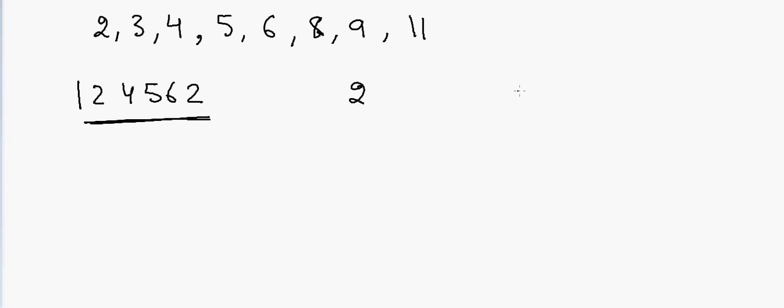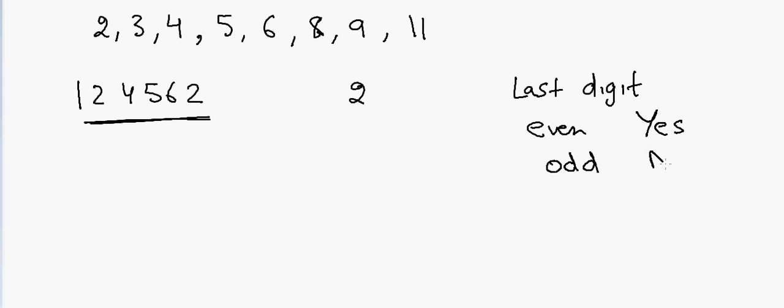We look at the last digit, and if it's even, then yes, and if it's odd, then no. Here the last digit is 2, so it should be divisible by 2 because it's an even number in the end.